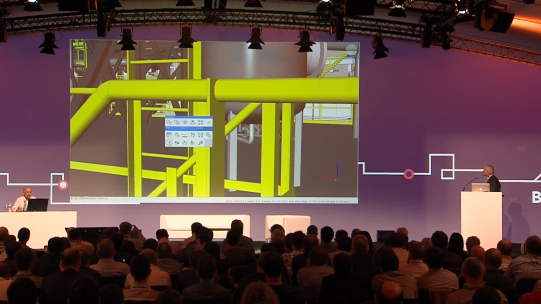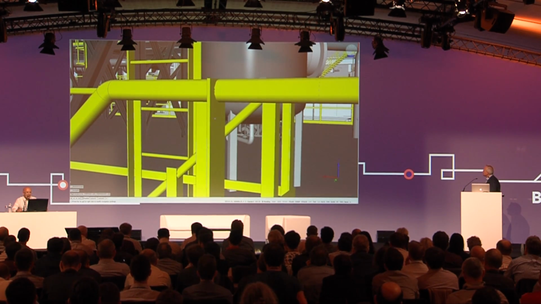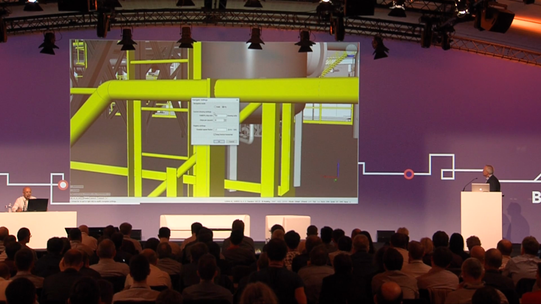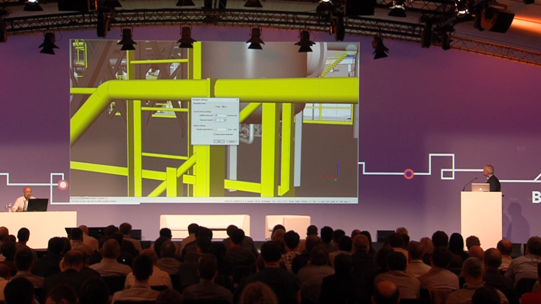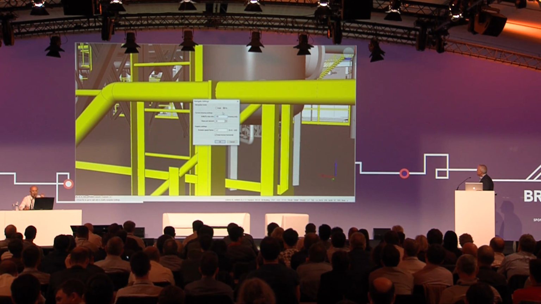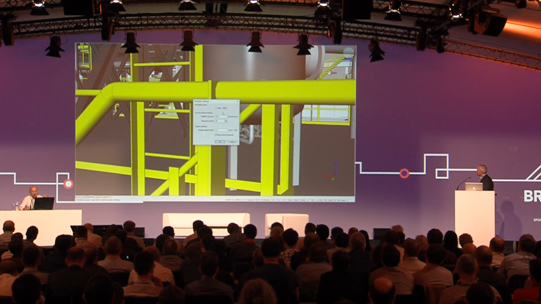That's what you use the navigate functionality for. And when you right-click, you have the settings to decide the speed or the size of the steps that you take and how many steps in 1 second. Also, you can choose whether you want to walk on a horizontal plane or if you want the ability to fly.